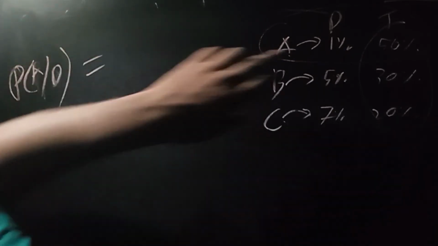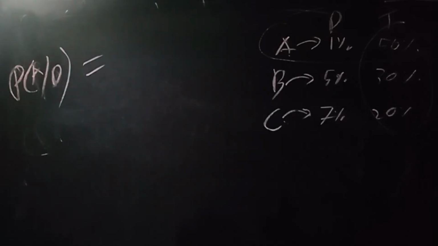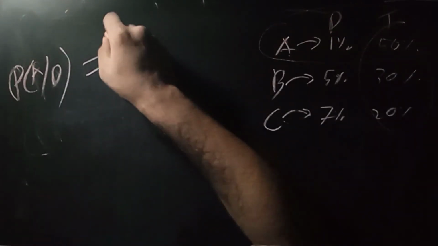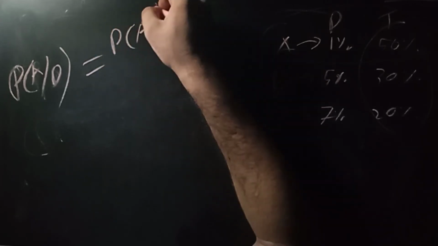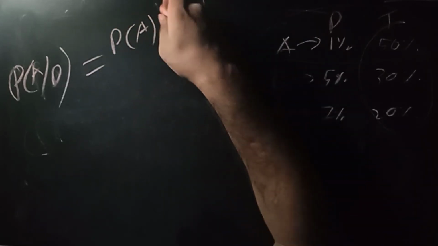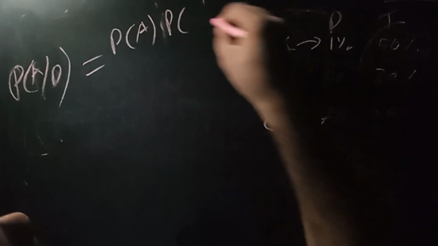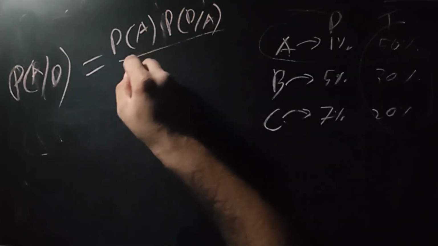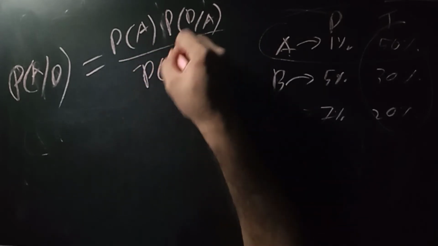So basically that's gonna be like in the previous example. Now it's gonna be P of A into P of defective happening in A, divided by P of whole defect happening.